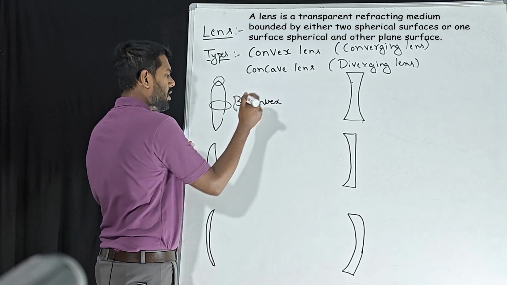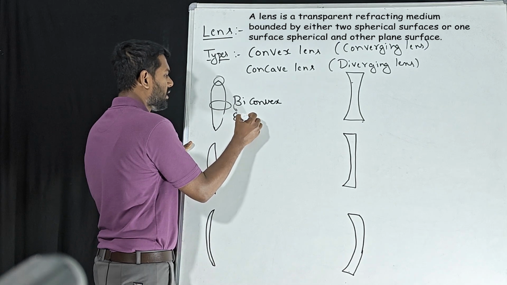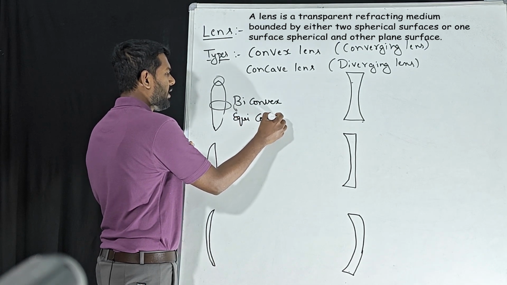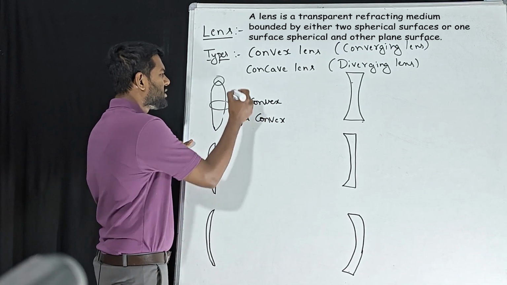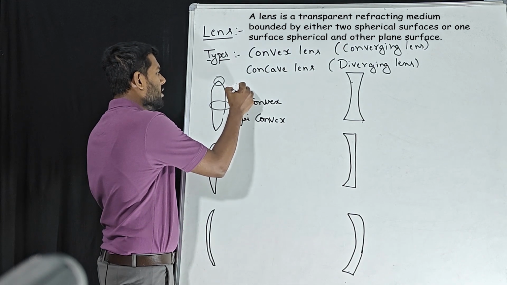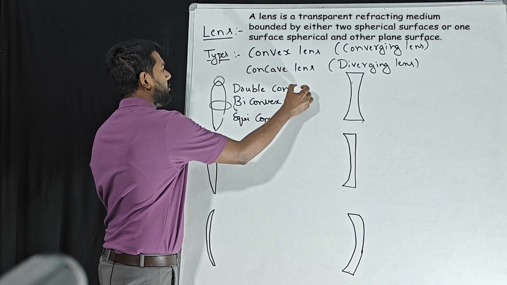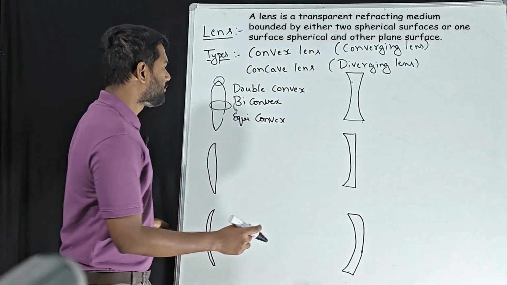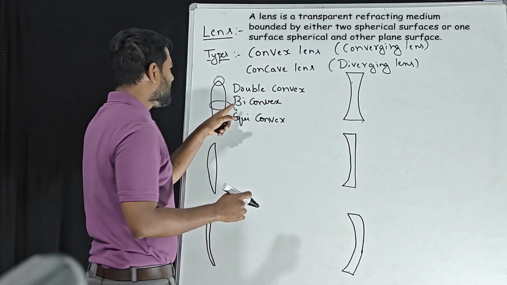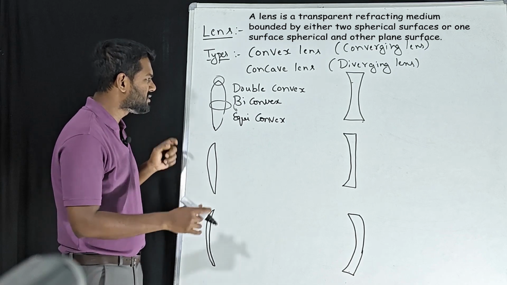Biconvex, or equiconvex, or sometimes it is also called double convex. Why is it called biconvex?